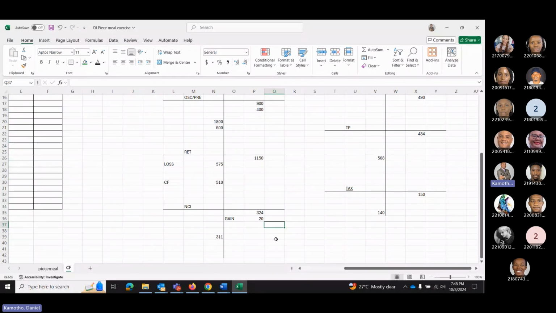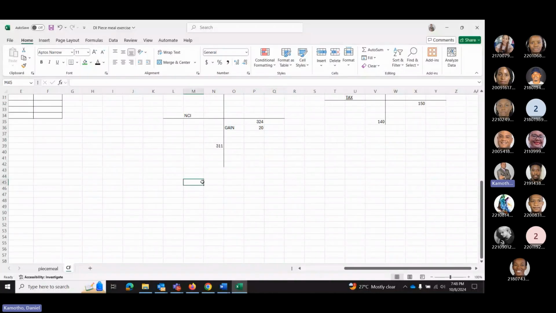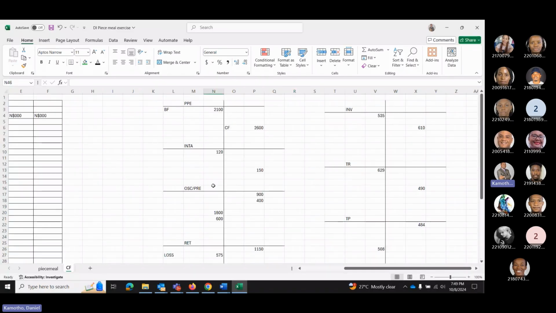So we have transferred the profit to the financial position, so we are fine. Now we can do what we always say: we start with profit before interest and tax, and then we adjust it for non-cash items. And then from there, we adjust for the movement in working capital. So let's start. Where do I want to put it?